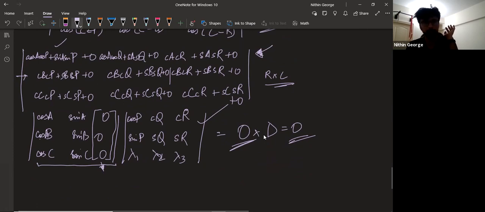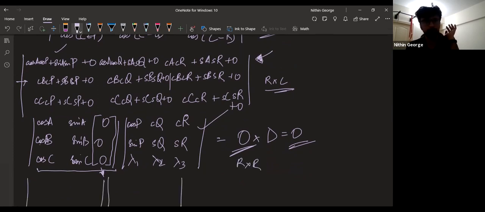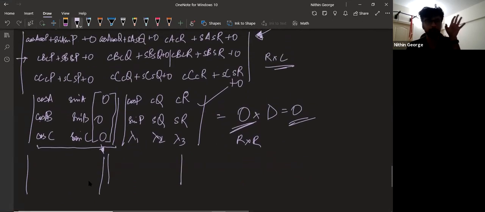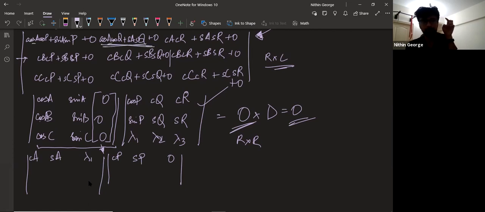So first row from the first determinant into first row from the second determinant will be the first A11 term, which means first row is cos A cos P plus sin A sin P plus 0. Now 0 I can have lambda 1 here and 0 here. Doesn't matter. Now my next term here will be first row from the first determinant and second row from the second determinant.